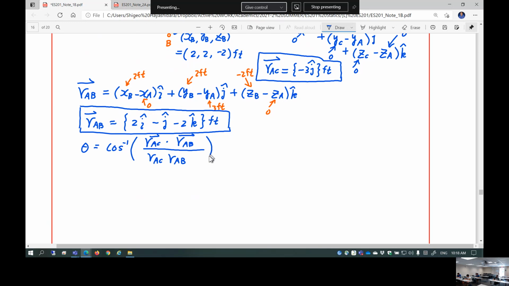What are those magnitudes? Let's find out. First, let's do the dot product.